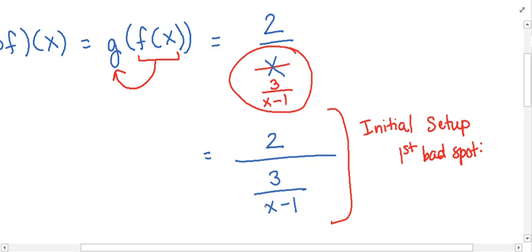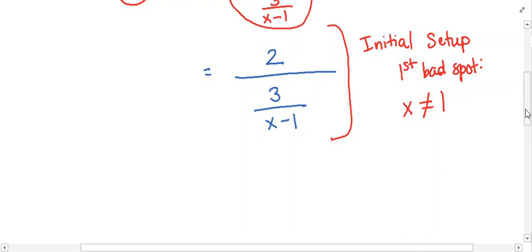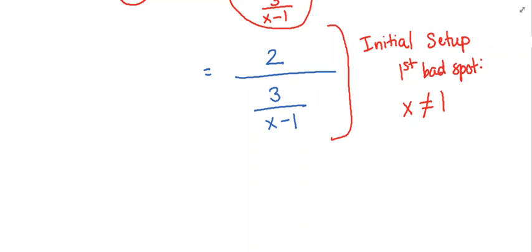If you concentrate on this bottom fraction, the 3 over x minus 1, you clearly cannot plug in 1, because then you would have 1 minus 1, you would have 0 in the denominator, and that would cause division by 0. So we're going to say x cannot be 1. We have to do that because the simplification process is going to cover up the fact that 1 is a bad spot. Now we can proceed to simplify this.